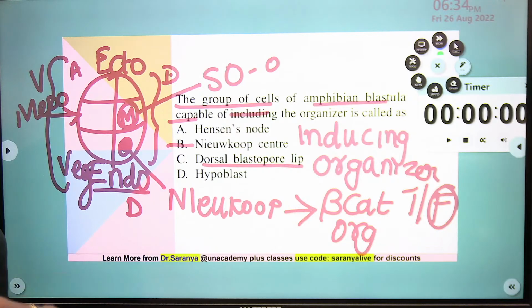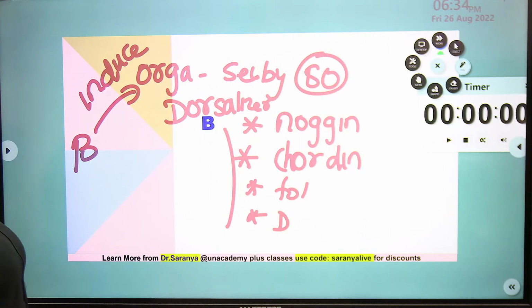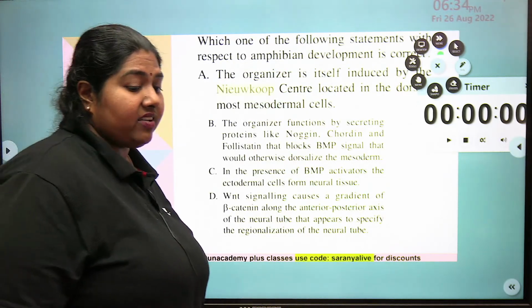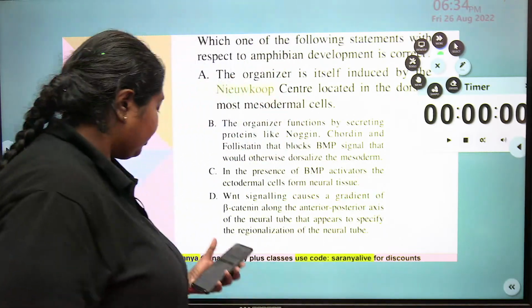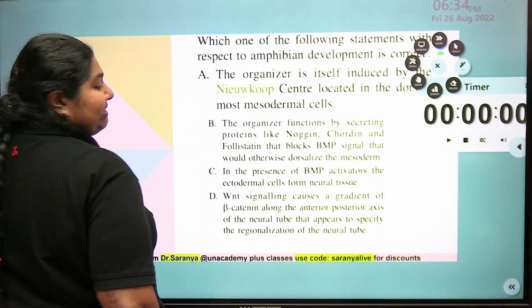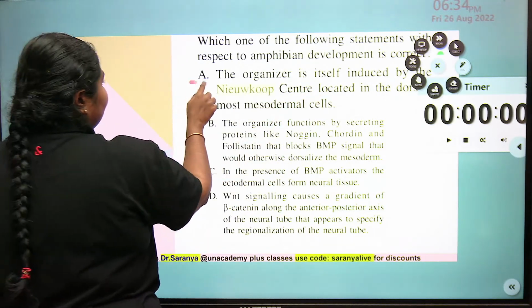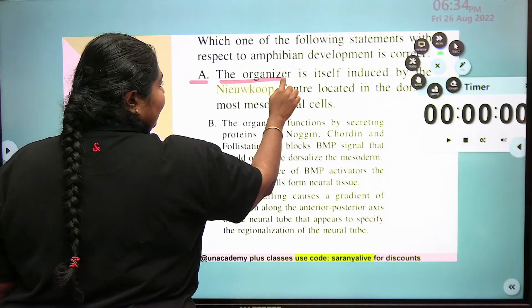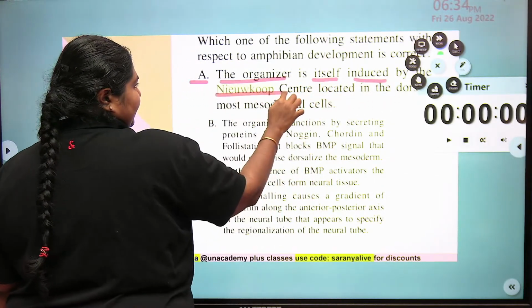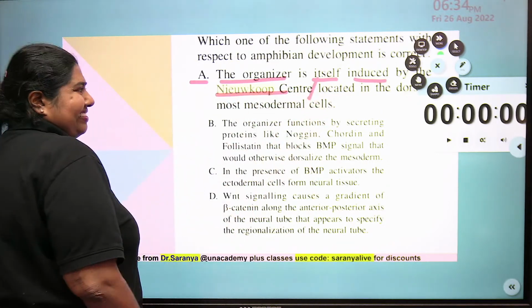So you have three layers: ectoderm, mesoderm, and then endoderm. And then your Nieuwkoop center is present. Okay, so you are going to state whichever statement is true or false. I am going to go statement-wise only. Which one of the following statements is correct? Statement number 1 says that the organizer itself is induced by the Nieuwkoop center. Up to this, is it true or false?